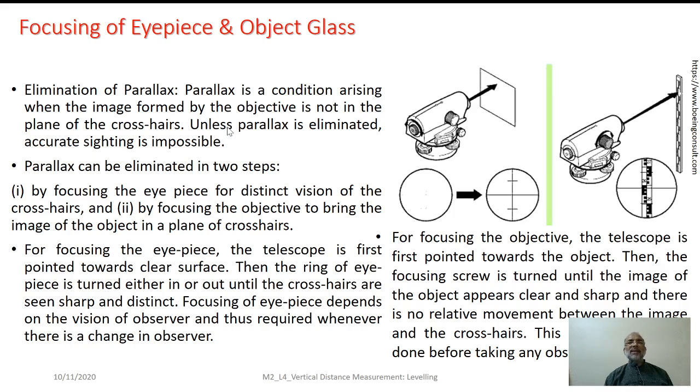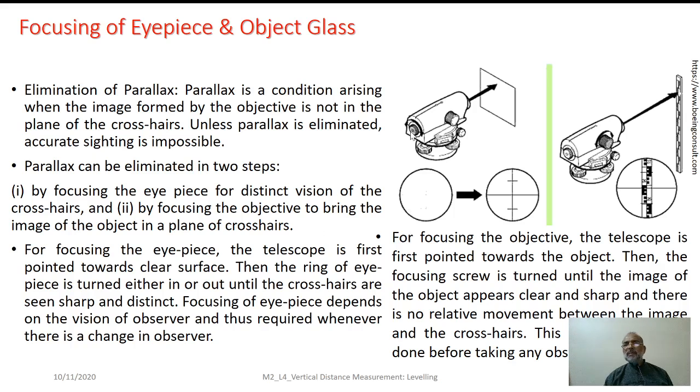Unless this parallax is eliminated, it is not possible to have accurate sightings. In order to remove this parallax, the first step is to focus the eyepiece and then focus the object glass.